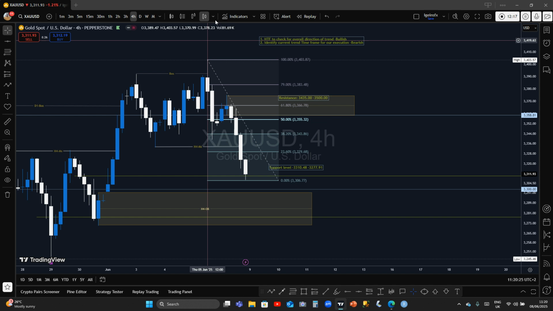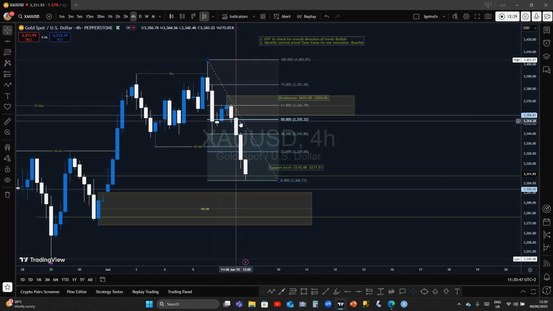If price action is bullish, if we are on a bullish trend, then we'll be waiting for price to come to our discount level before we buy. But now we are pointing bearish. We'll be waiting for price action to push to our premium level before we sell.